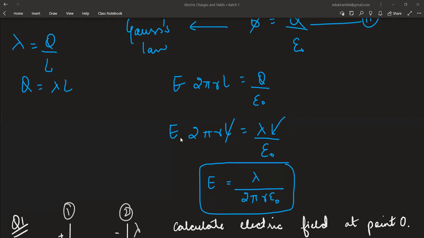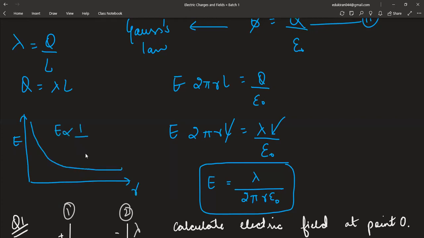So one thing you can figure out is that electric field and radius, if the graph is plotted between them, are inversely proportional to each other. See, electric field is inversely proportional to radius. So such a graph you will obtain. All right. And see, we can write this as E is equal to 2k lambda by R also, right? Look how. What is k? k is 1 over 4 pi epsilon naught.